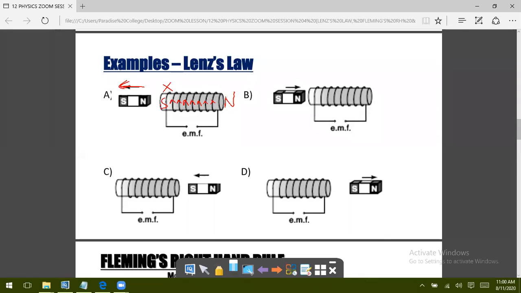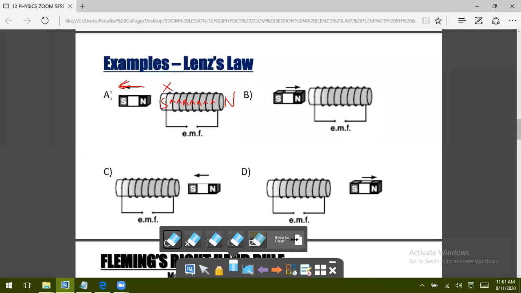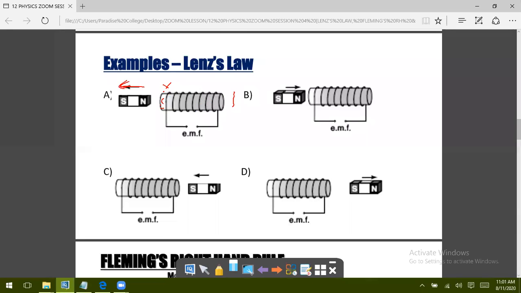The current direction is going down, coming down. It's going to be like that, yes? Yes, Mr. This is Lenz law.